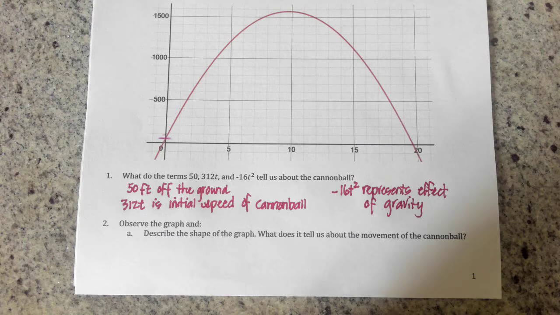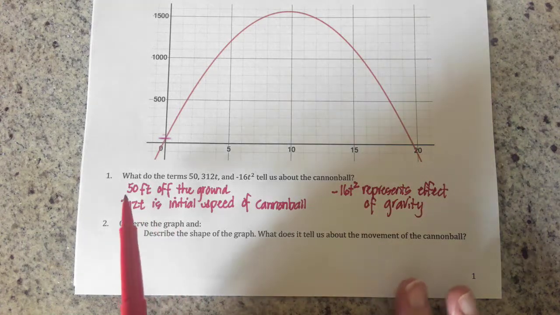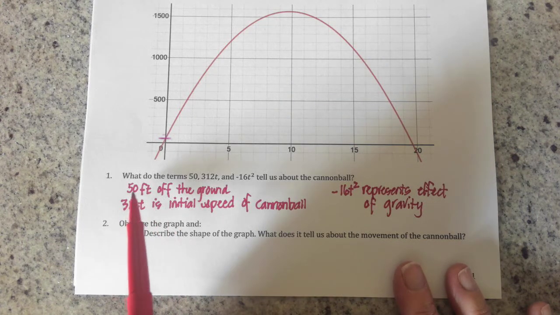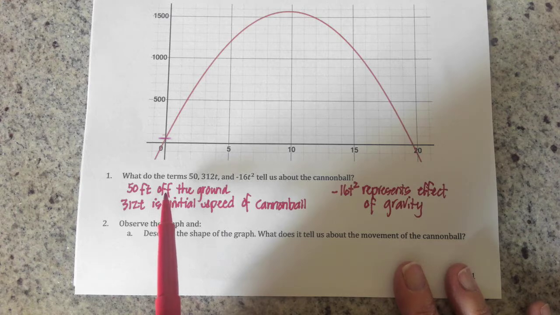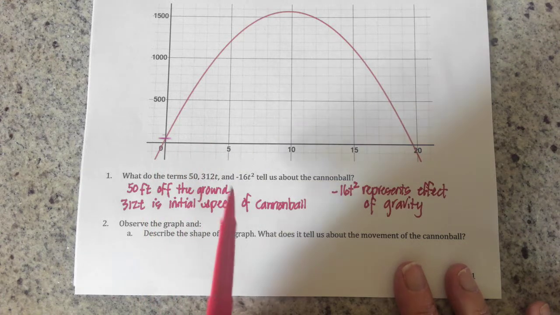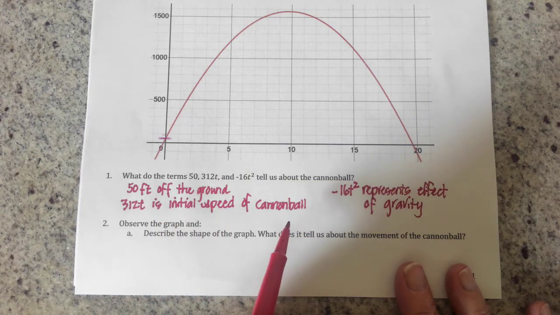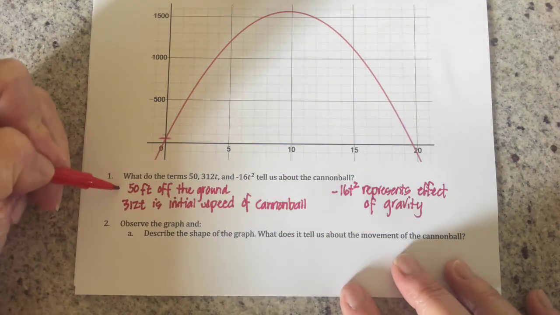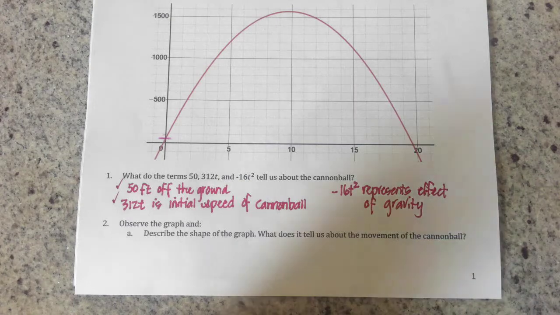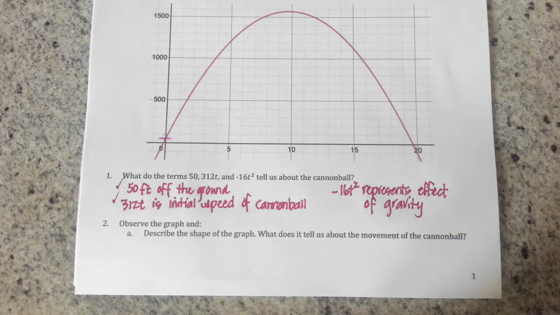You can see that I indicated 50 represents the 50 feet where I launch my cannonball from. 312t is the initial speed of the cannonball. I've got these two pieces of information directly from the problem. The last one, negative 16t squared, represents the effect of gravity.